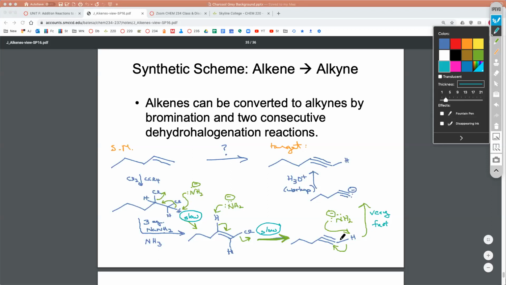So what that means is that you would only be able to convert part of this to this final product if you didn't use all three equivalents. By using all three equivalents, you can get to this product here almost quantitatively, meaning with almost 100% yield. And then when you do your workup step, you do get your alkyne. So any questions on this one right here?